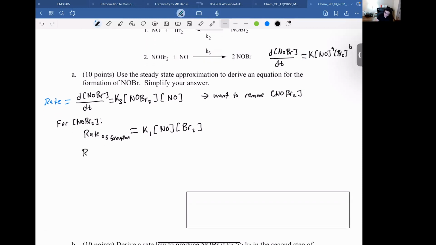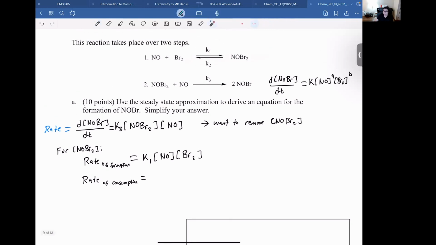Then we have the rate of consumption. Now there's two things you want to consider here. The first one that's obvious is where you consume it to form NOBr. It reacts with nitrogen monoxide. So you have this reaction, K3 times the concentration of NOBr2 times NO. This is where it's getting consumed at some rate.